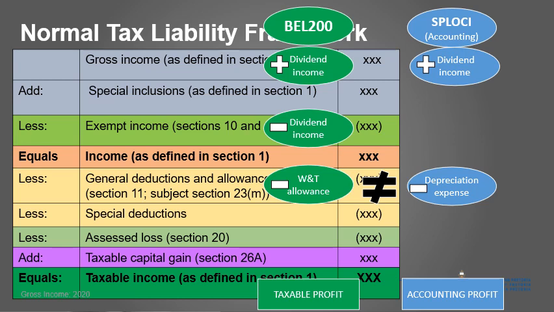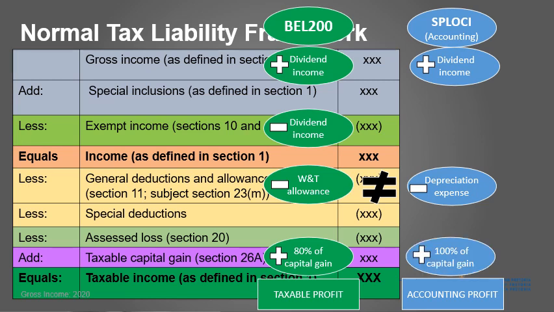Another difference is our capital gains, taxable capital gains. For tax purposes, we will only include 80% of that capital gain in our taxable profit, whereas for accounting purposes, the full capital gain is included in our accounting profit.